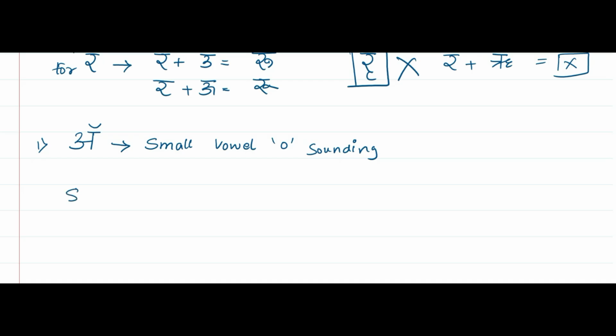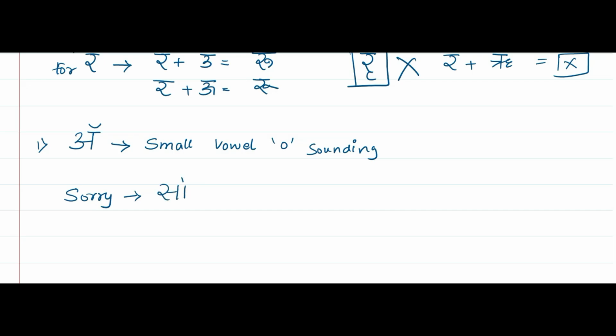If I say sorry, sorry is an English word, right? So to make an English sound like English, we have to write it in an English way. We can't write it in a Hindi way.